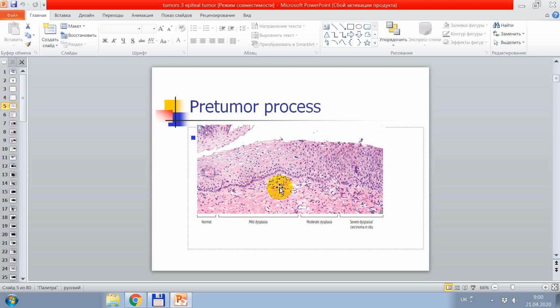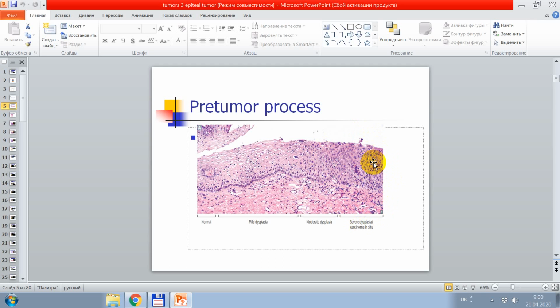In this picture is presented information about the pretumor process in epithelial tissue. In the left part is the normal structure of epithelial tissue, in the middle part mild dysplasia and moderate dysplasia, where activation of the proliferative process is present, and in the right part severe dysplasia.